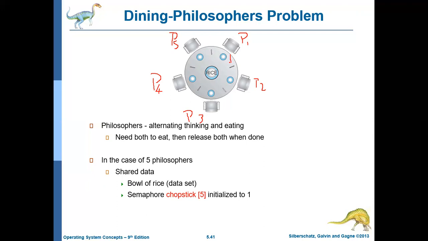That is, philosopher P1 is picking this chopstick, philosopher P2 is picking this chopstick, philosopher P3 is picking this particular chopstick, philosopher P4 is picking this chopstick, and philosopher P5 is picking this particular chopstick. Now what happens? All the philosophers are having one chopstick in their hand.